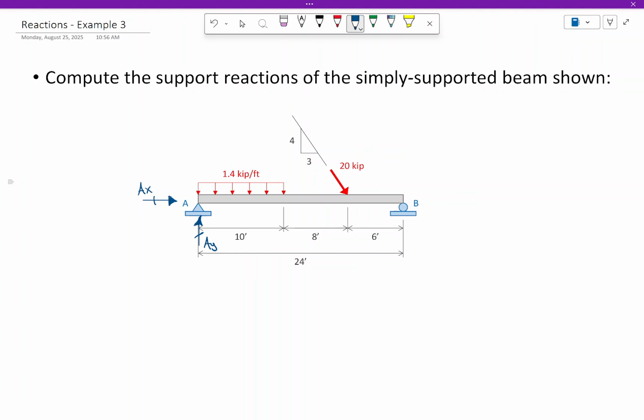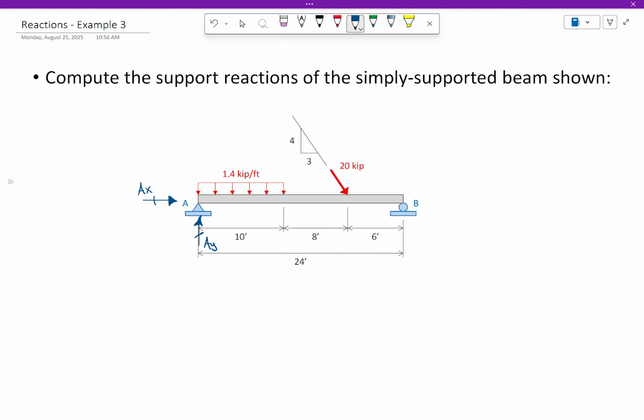Okay. Now, I'm going to peer into the future a little bit, and I'm going to tell you that the assumption for AX, the direction, is wrong. Okay, that is not the correct assumption in terms of it acting to the right.